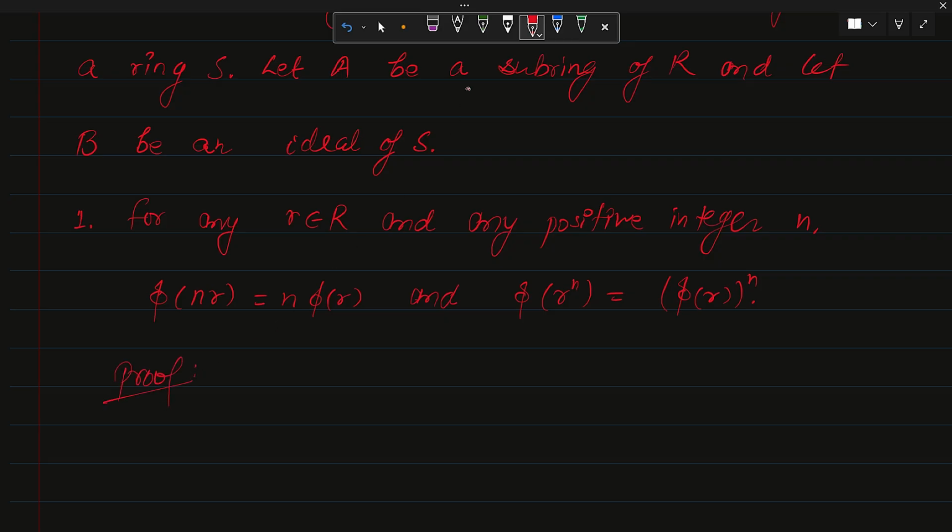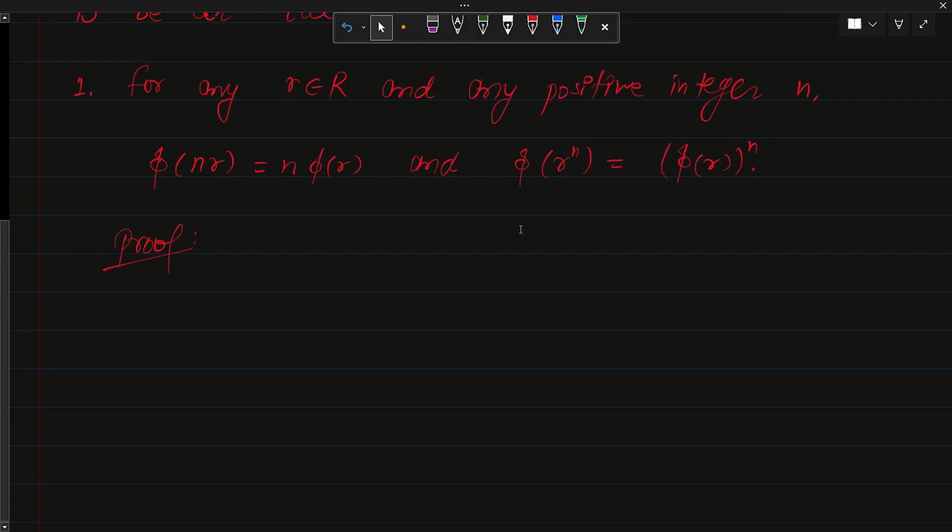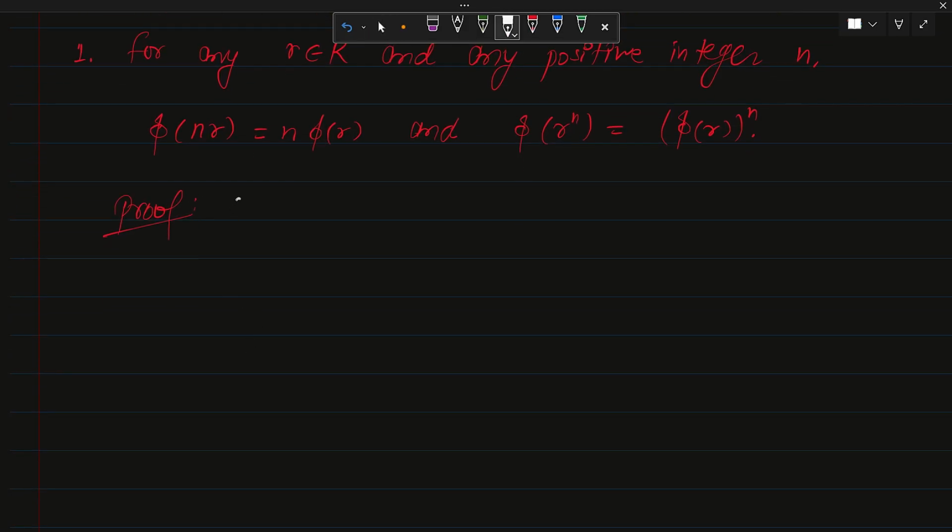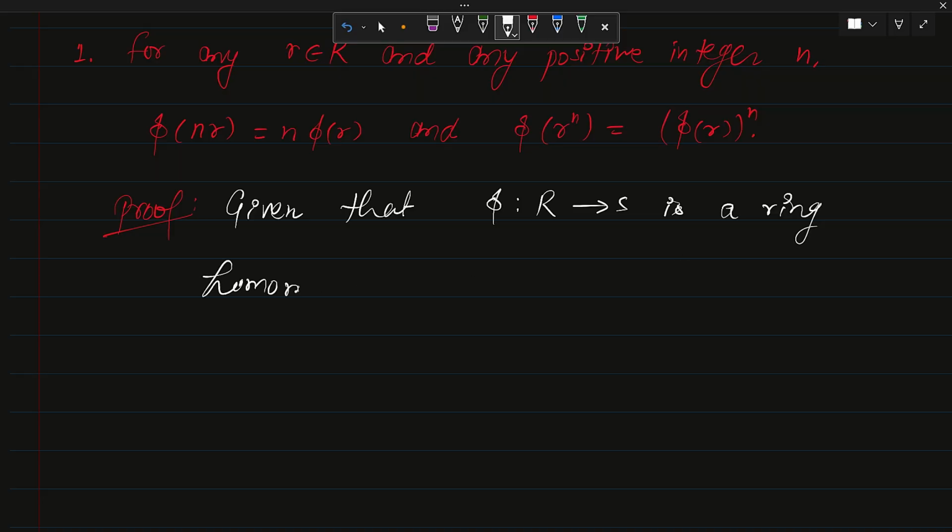Proof. I'm starting the proof so that we can use this one for the further proof of these statements as well. So we are given with the homomorphism, right? So given that phi defined from R to S is a ring homomorphism, right?